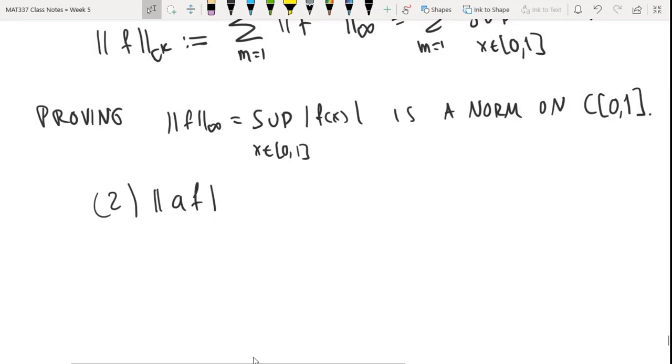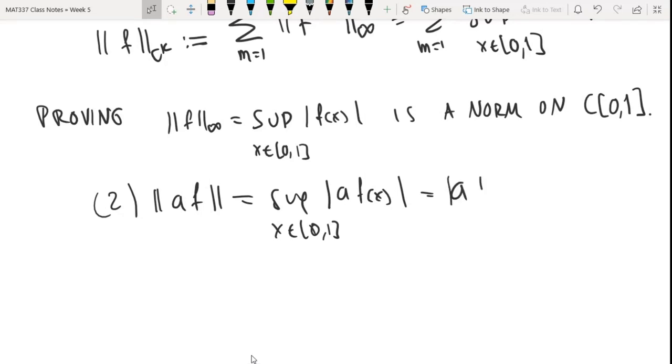So the norm of A f is equal to sup over x in 0, 1 of A times f of x, but A doesn't depend on x, so you just pull it out, nothing else.